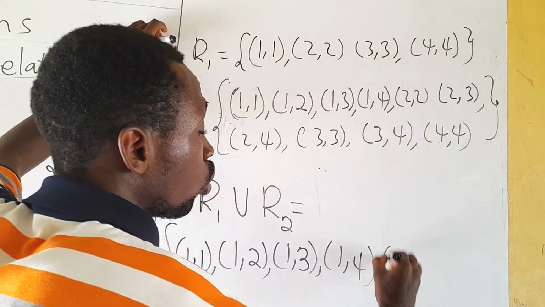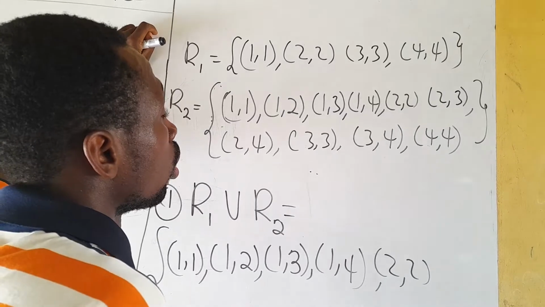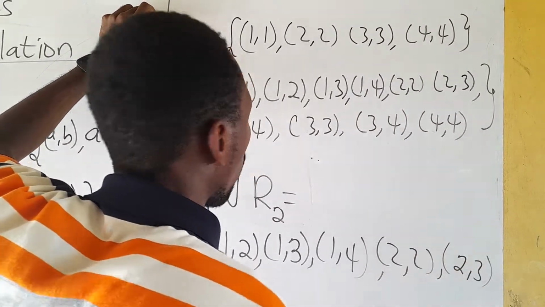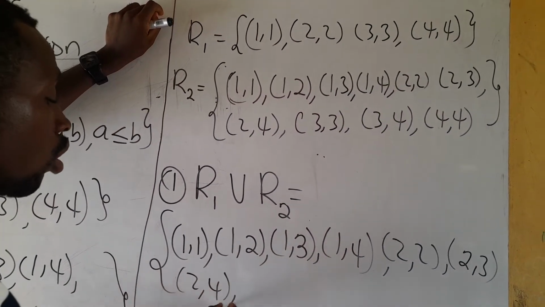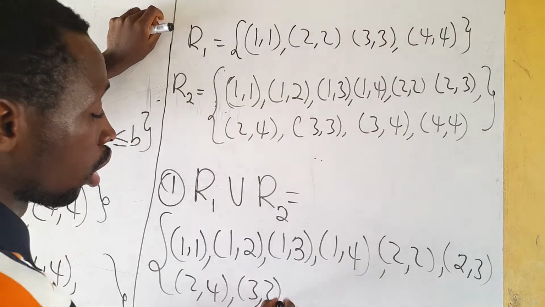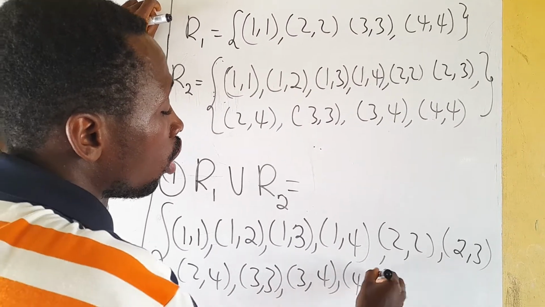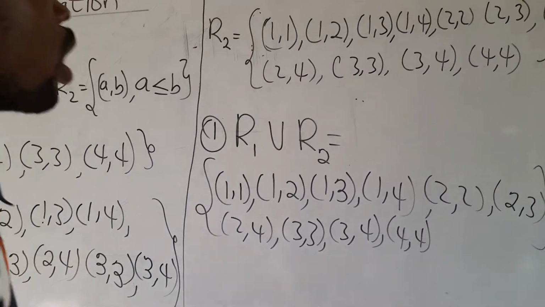Then there is 2, 2. 2, 2 is here. So then we have 2, 3, 2, 4, 3, 3, 3, 4, and 4, 4. That becomes our R1 union R2.